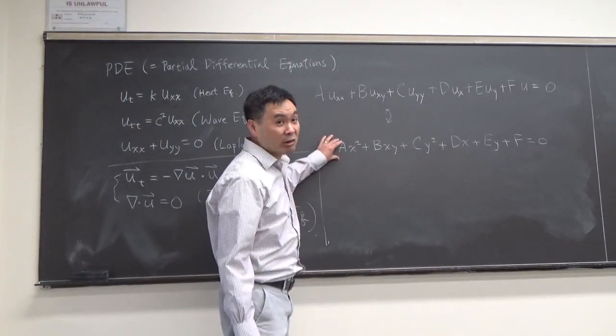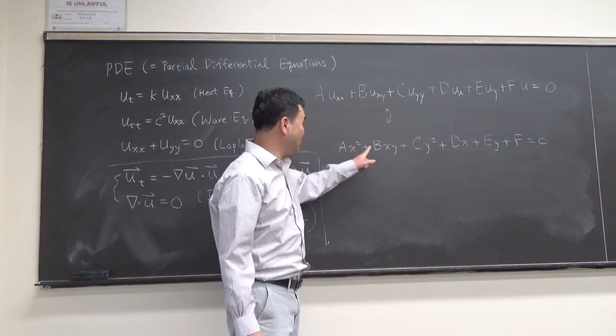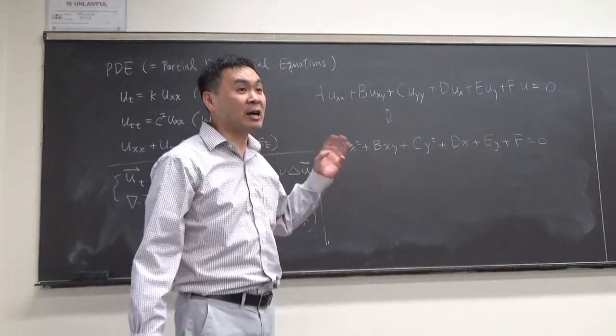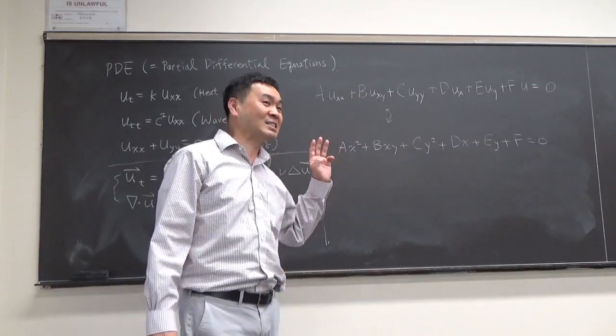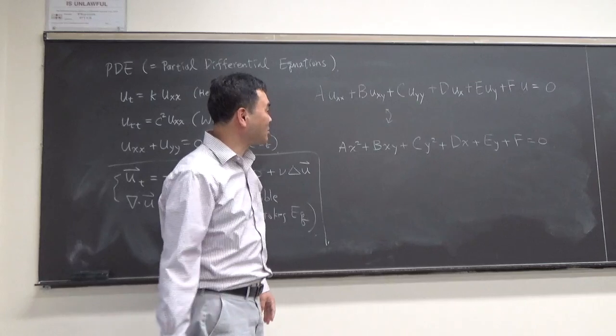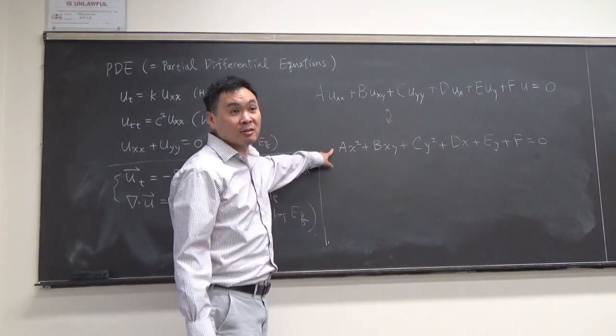So these are also called conic curves because as long as at least one of A, B, C is non-zero, then you get one of three cases. Do you know what they are? Anyone? It used to be part of college education, but it's dropped out, so you've probably never seen it. But sometimes this could be a parabola.